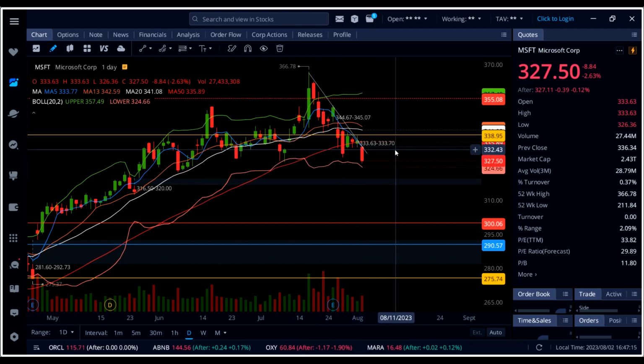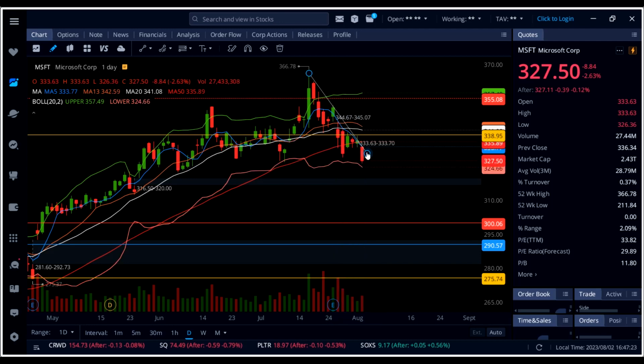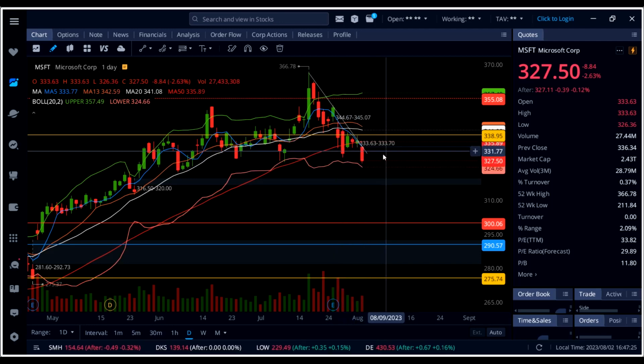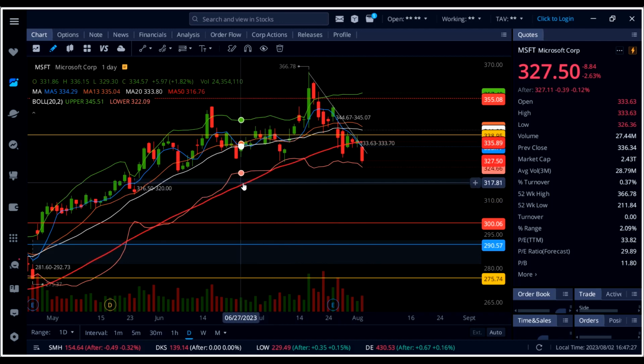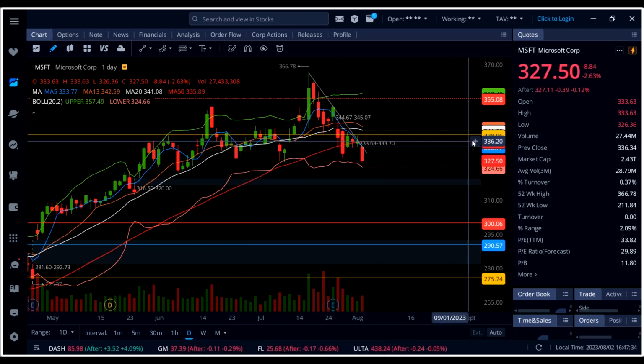To the upside, we do have resistance at 333 right here, and that is going to be a key level to break, and that gap on top will also get closed at 333.70. Above that we also have resistance right here at 335.89, the red line 50 SMA, and then 338 to 339.